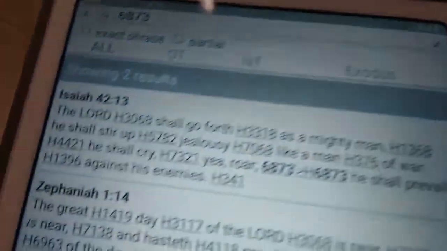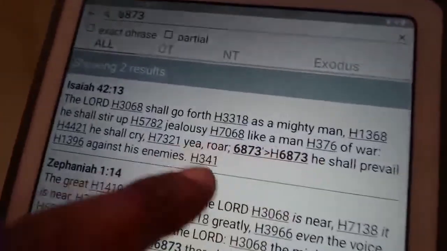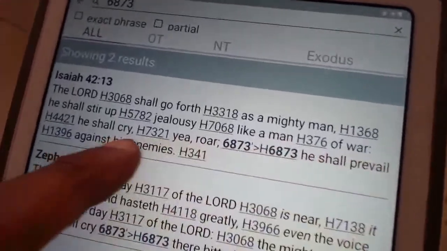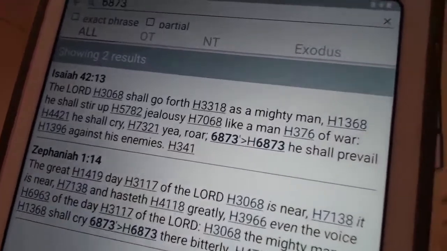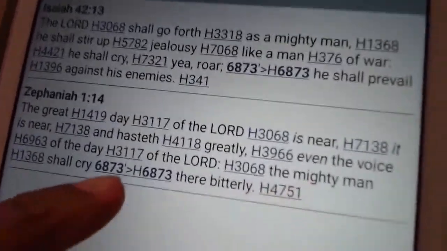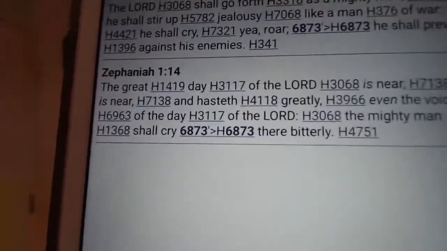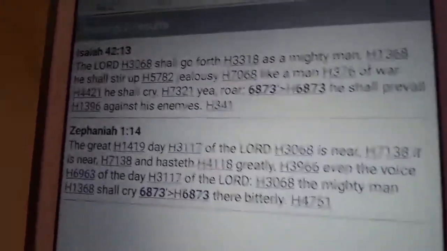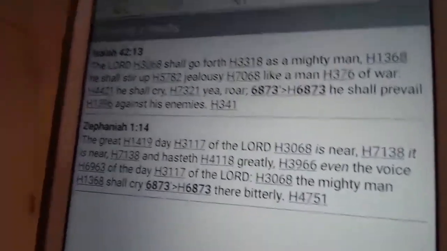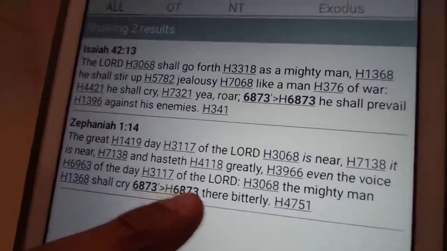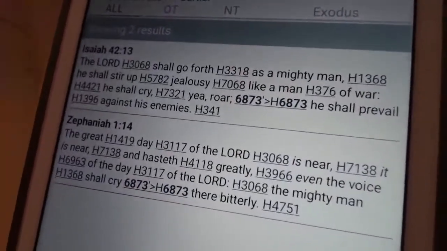It's used in two scriptures, and the scriptures say, like a man of war, he shall cry, roar, he shall prevail against his enemies. Even the mighty man shall cry there bitterly. When you have mighty men in your compound, you have a stronghold, right? So even though the word means cry, it's done as a form of a mighty.